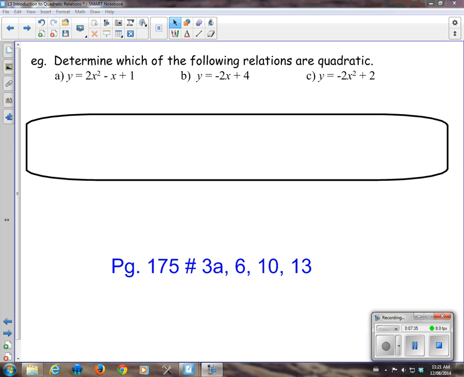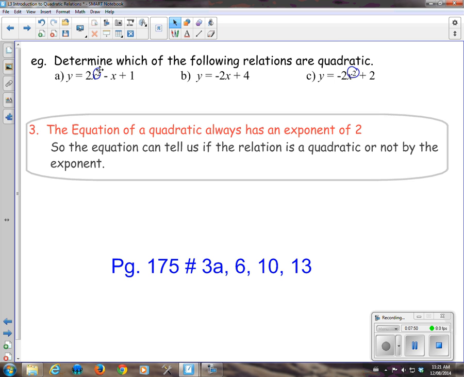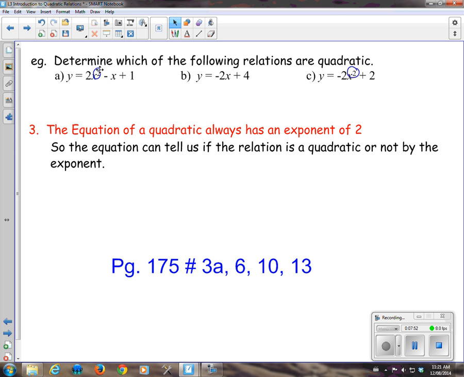And it might make sense because the second differences are the same when you have an exponent 2. When you have an exponent of 2, that would mean that you have a quadratic equation. So a quadratic equation always has an exponent of 2.